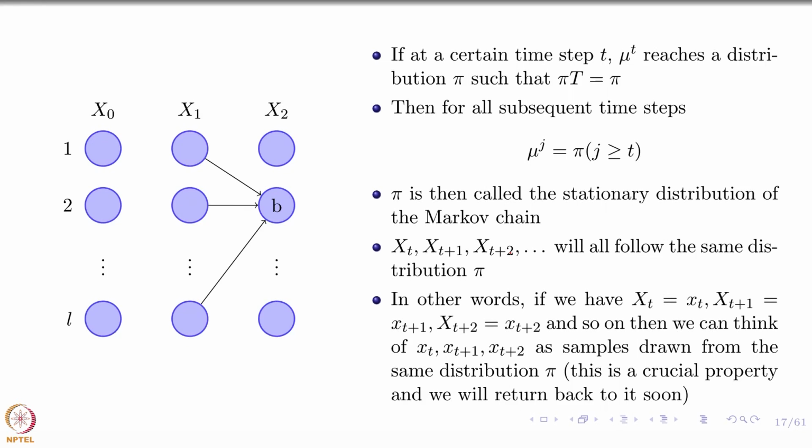So if I'm looking at samples from time step t, remember that at time step t, the random variable xt can take all of these 2 raised to n possible values, but it can take these values not uniformly, but according to a distribution, which is this mu t, which is pi, right? Again at time step t plus 1, it can take all of these 2 raised to n values, but according to this distribution pi. So now because all of these time steps have the same distribution, you can think of these samples small xt, small xt plus 1, small xt plus 2 and so on, all of them coming from the same distribution which is pi. Is that clear? Does that make sense?